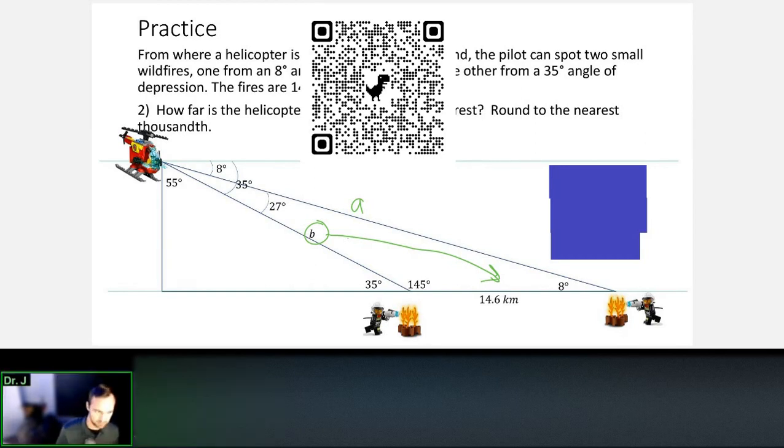And then this side is given. We should probably try to use that again. And the side or the angle opposite would be 27. So that would probably be the easier route, but of course not the only route. All right, we good? Okay. All right, Isabella, good?